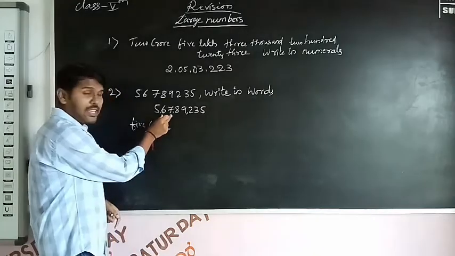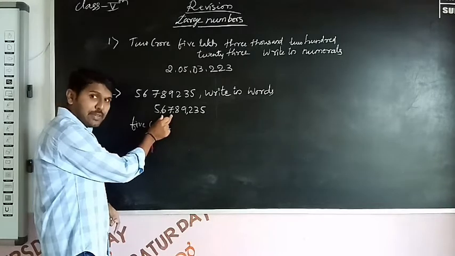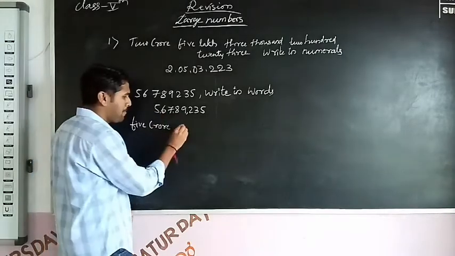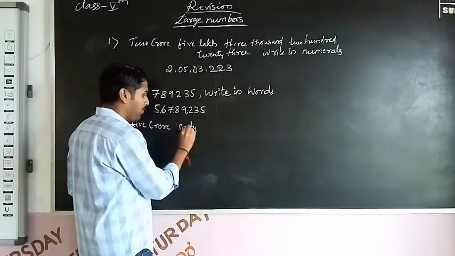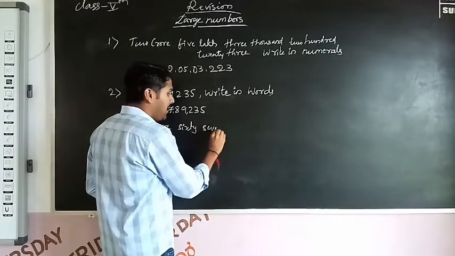Next, in the lakhs group, what is that number? 67. That is 67 lakh.